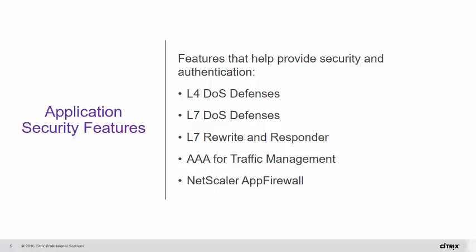We have AAA for traffic management. I think you are aware of AAA: authentication, authorization, and accounting. Your NetScaler is responsible for that. The last feature is NetScaler app firewall. Your NetScaler is actually a very advanced firewall.